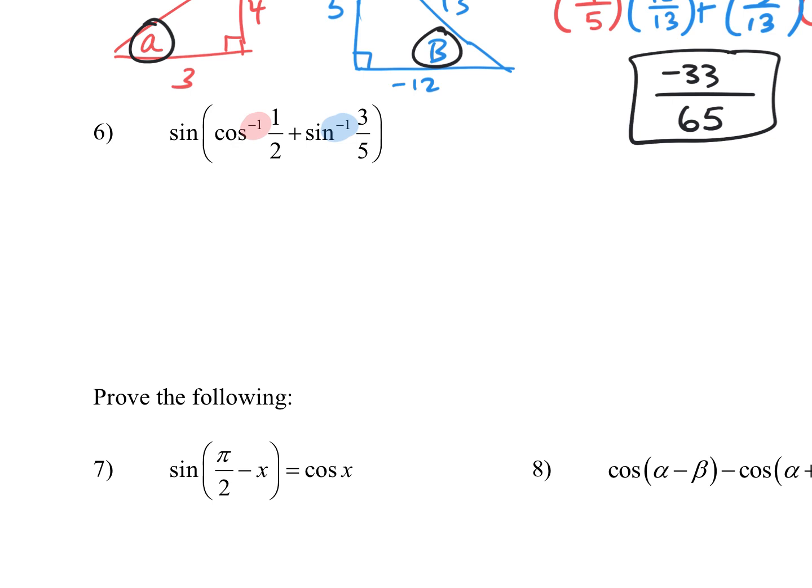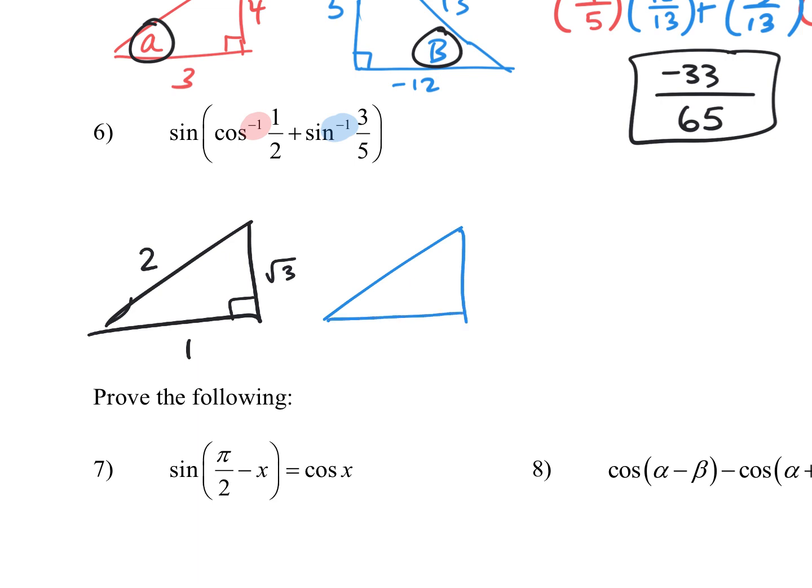So what this is really asking me is to find the sine of 2 angles added together. Those 2 angles, well, the first one has a cosine of 1/2. Sorry, that would just be root 3. And then the second angle here has a sine of 3/5.